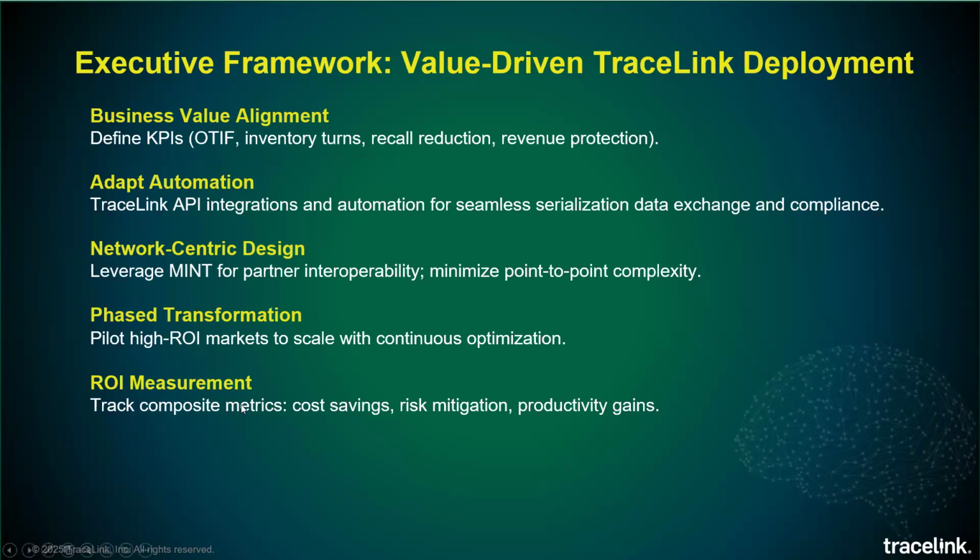Then is your ROI measurement. Tracking composite metrics such as operational cost savings, compliance risk mitigations, and productivity gains is the key. So you can combine the financial indicators with operational KPIs like onboarding speed, exception reduction, and automation impact.